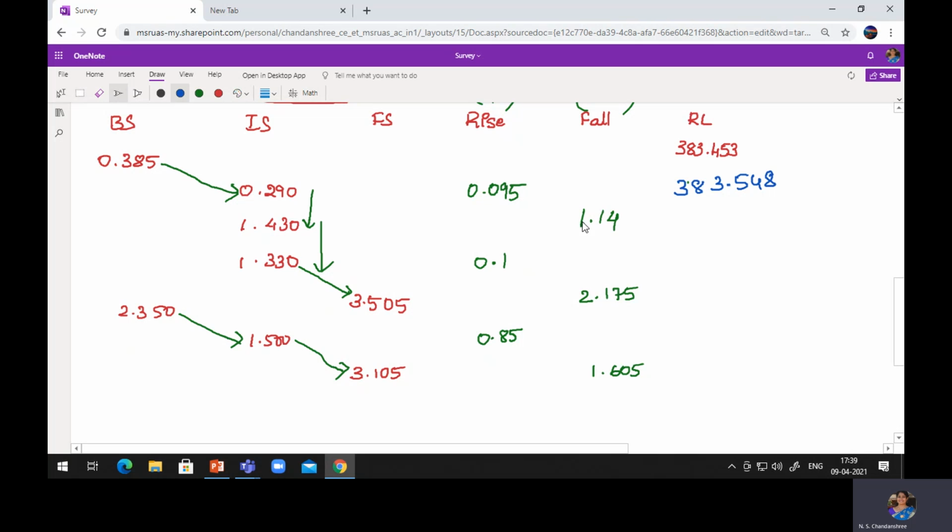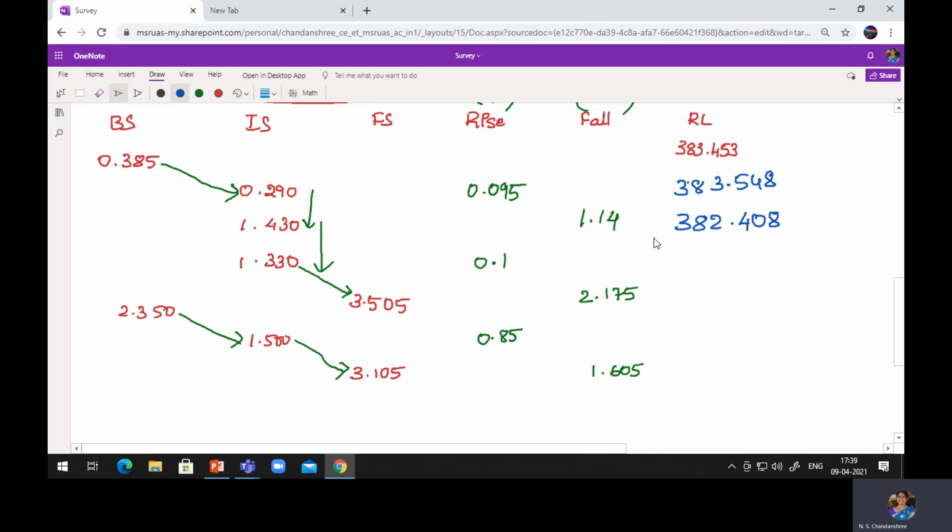Next it says the reading in the fall column is 1.14. This means the next point is 1.14 meters below this RL. So that is 383.548 minus 1.14. So we'll get the answer as 382.408.